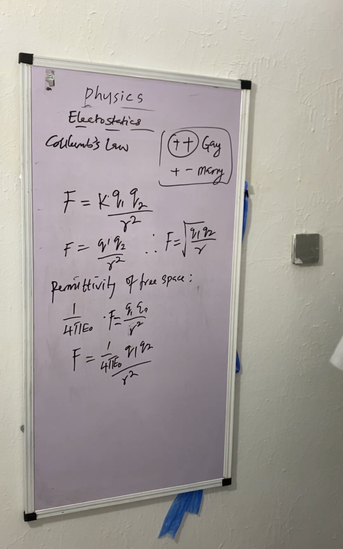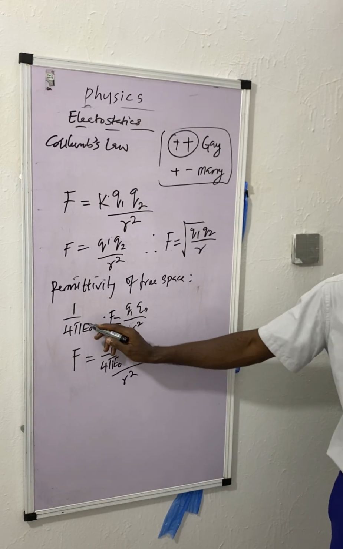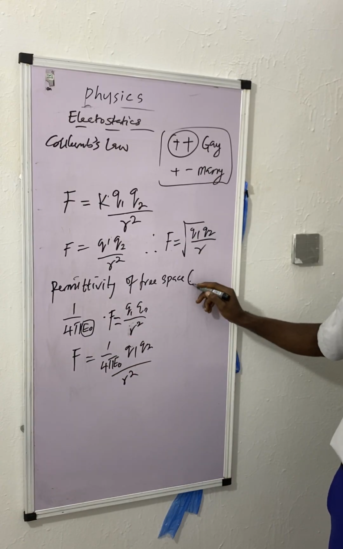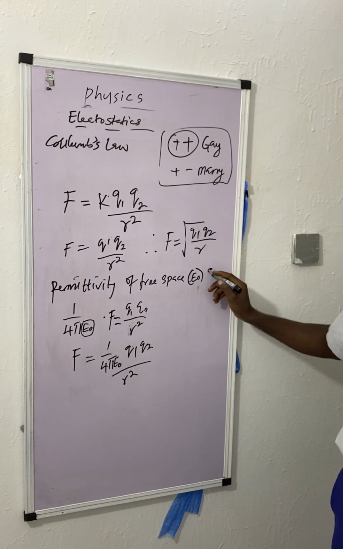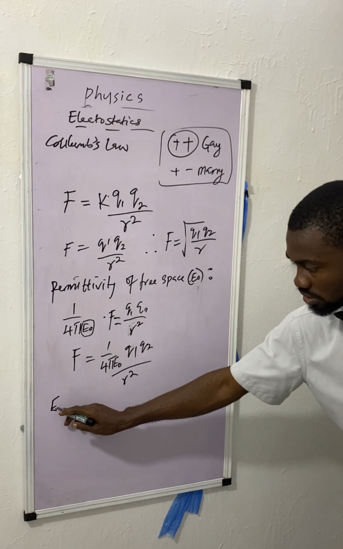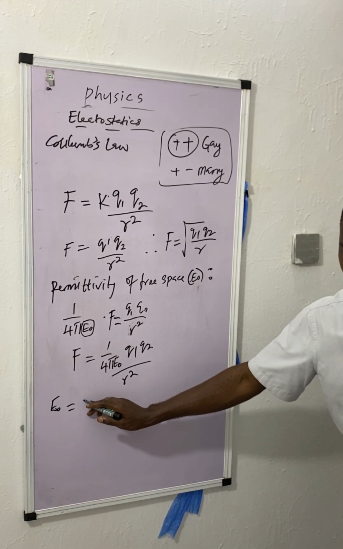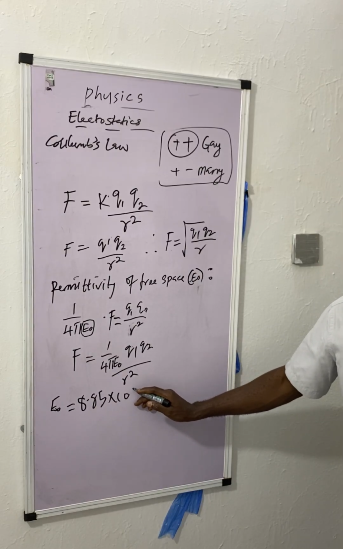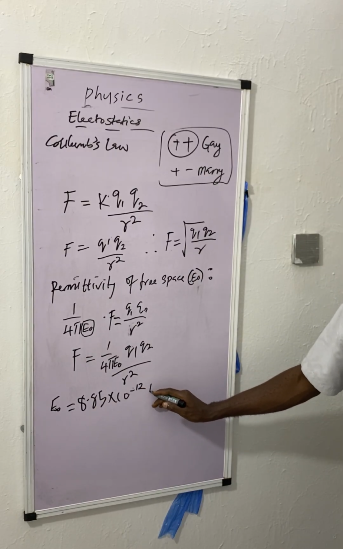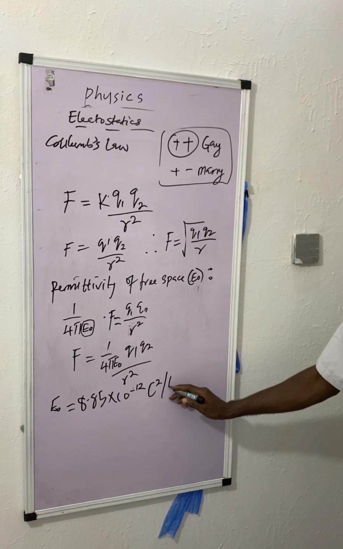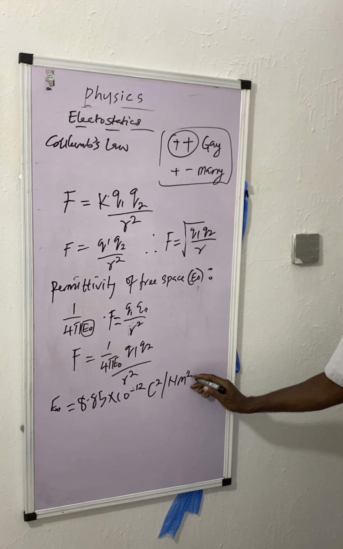This epsilon naught here is the permittivity of free space, given as a constant. The value of epsilon naught is 8.85 times 10 to the power of minus 12 Coulomb squared per Newton meter squared.